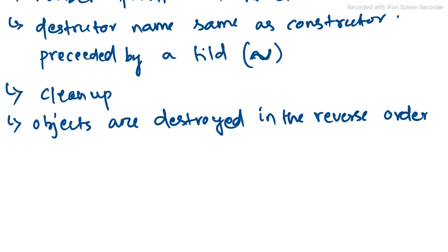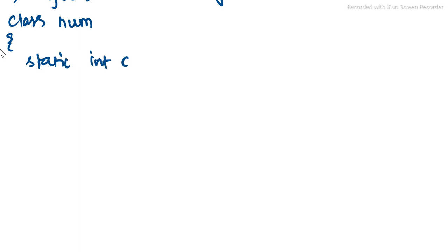Let's discuss one very simple example where we can see how the objects are created and destroyed in reverse order. For that we first create a class, let's say class num. For the class num, we take a static integer c, a private data member.